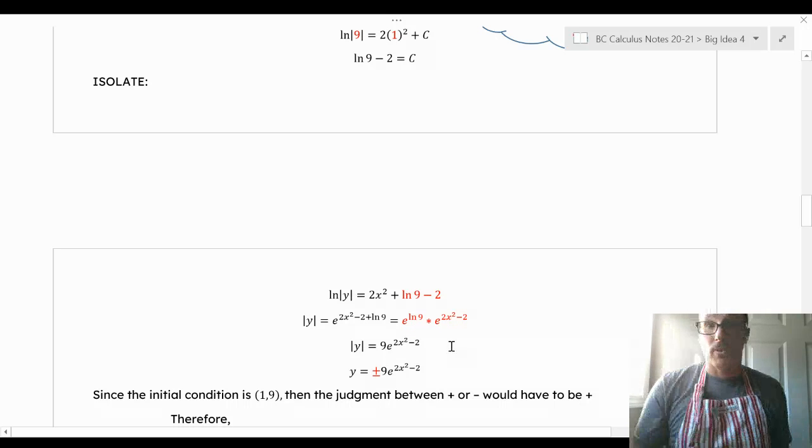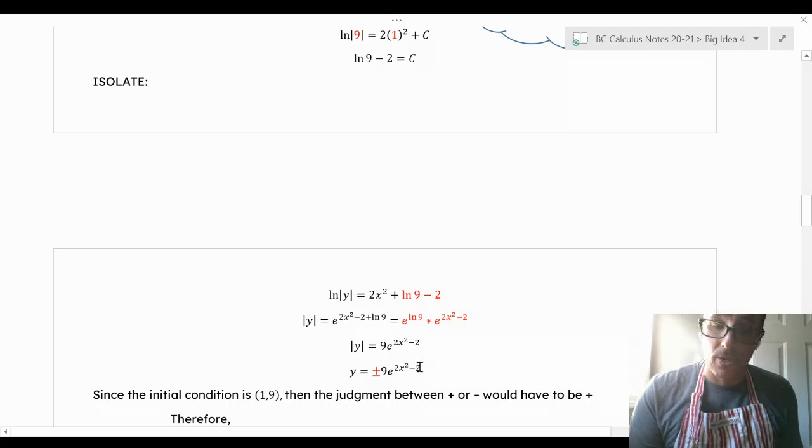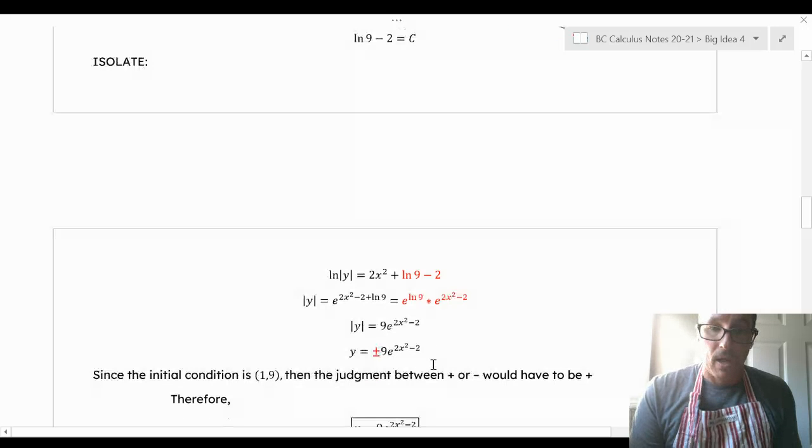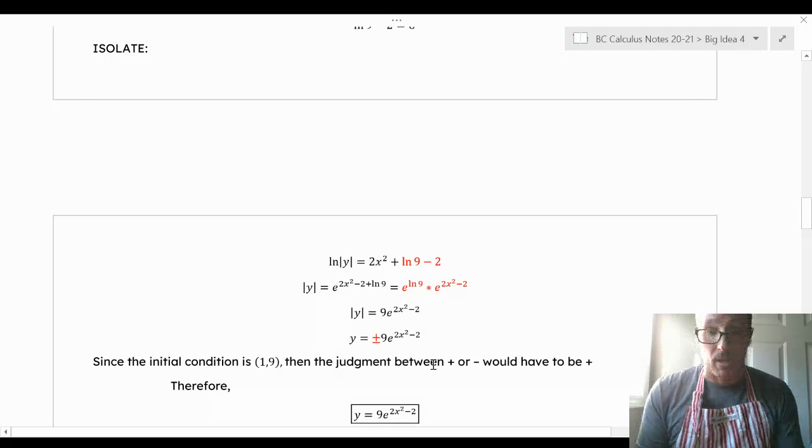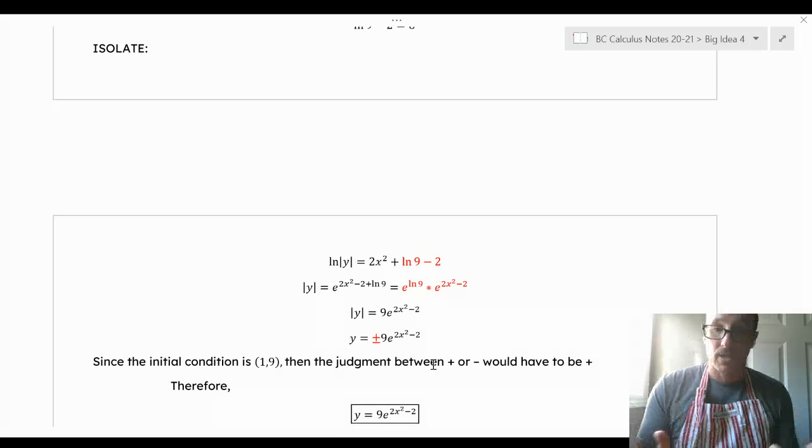Now, we'll drop those absolute value bars. Drop them like they're hot. And to do that, we need to consider plus or minus 9e to the critter. Now, plus or minus is not a function, so we need to make a judgment call. And the judgment is going to link back to the initial condition, 1, 9.